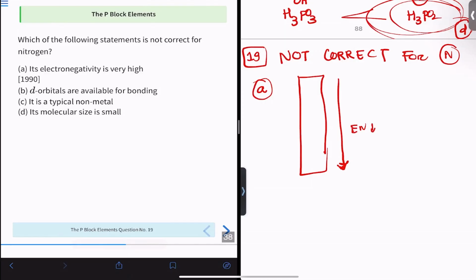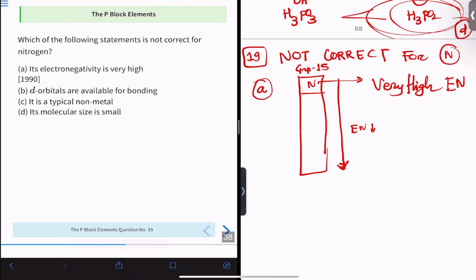So since nitrogen is at the top of group 15 of the periodic table, it will have very high electronegativity. So option A seems to be correct.